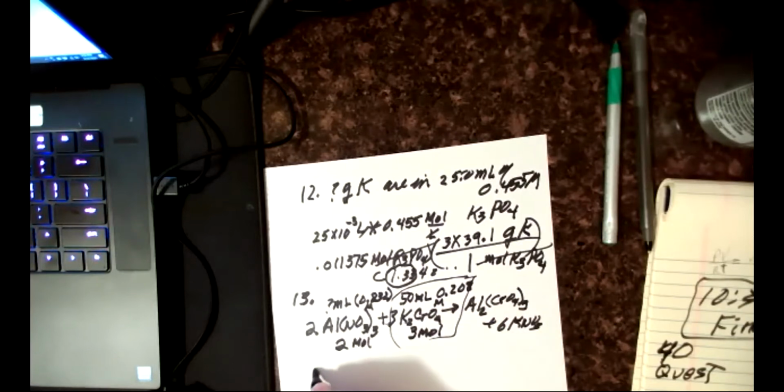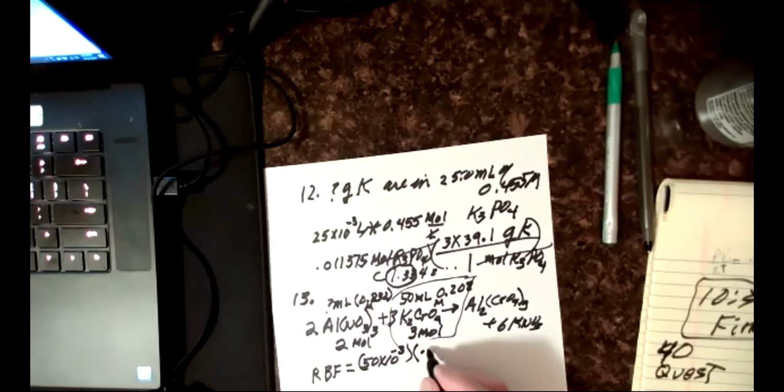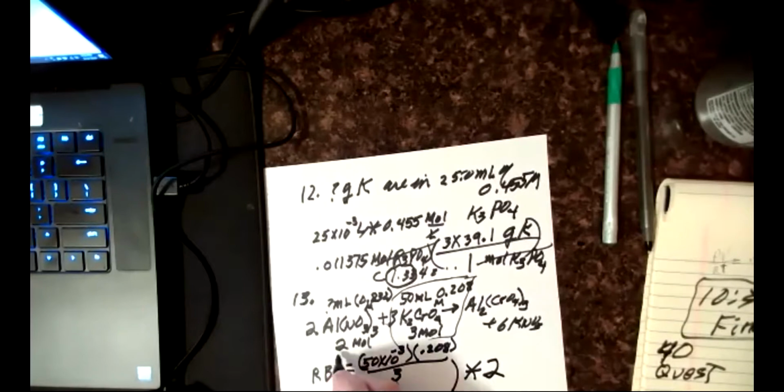So my RBF is going to be 50 times 10 to the minus 3. That's volume in liters times 0.208 and divided by 3. My answer in moles of the aluminum nitrate is going to be my rebalancing factor, that one, times 2 moles is what's shown in the balanced equation.